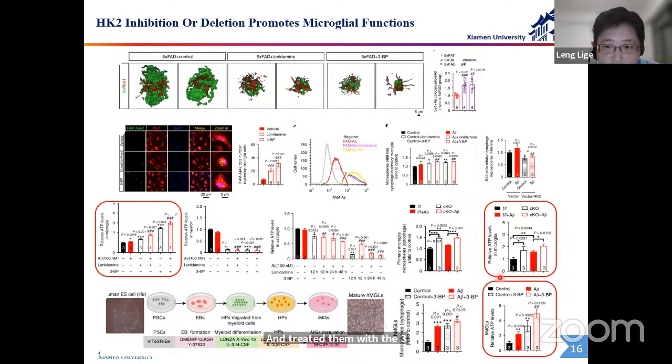Notably, we can see that 3BP can also increase the ATP production and phagocytosis in the human microglia cells.